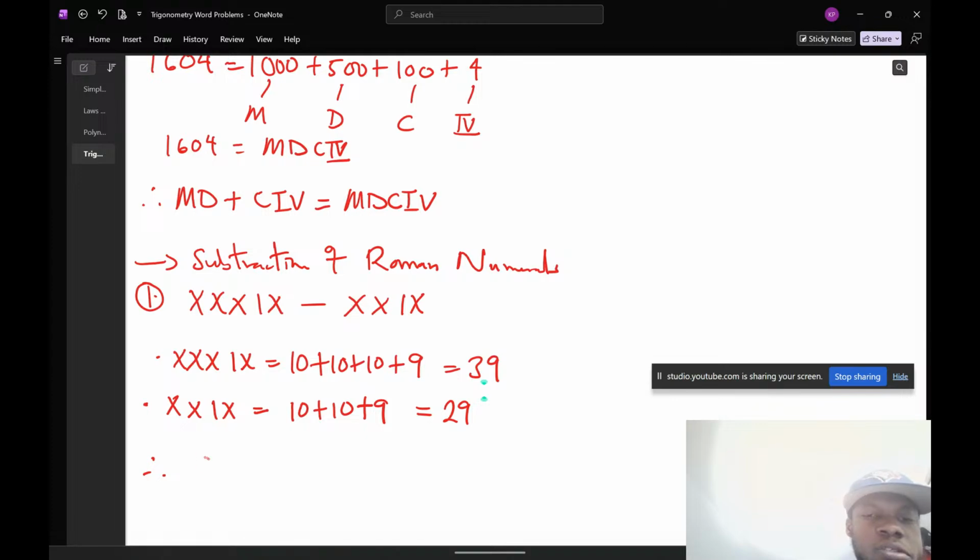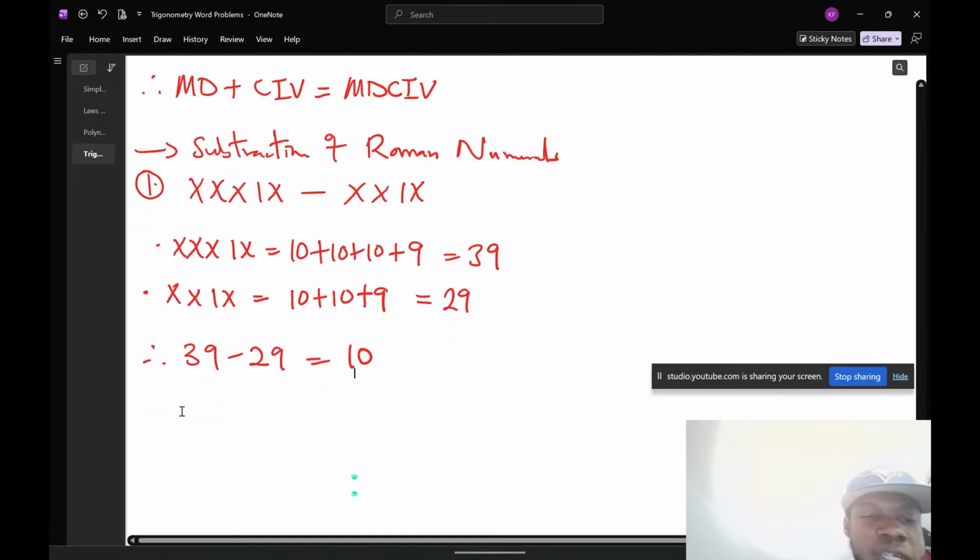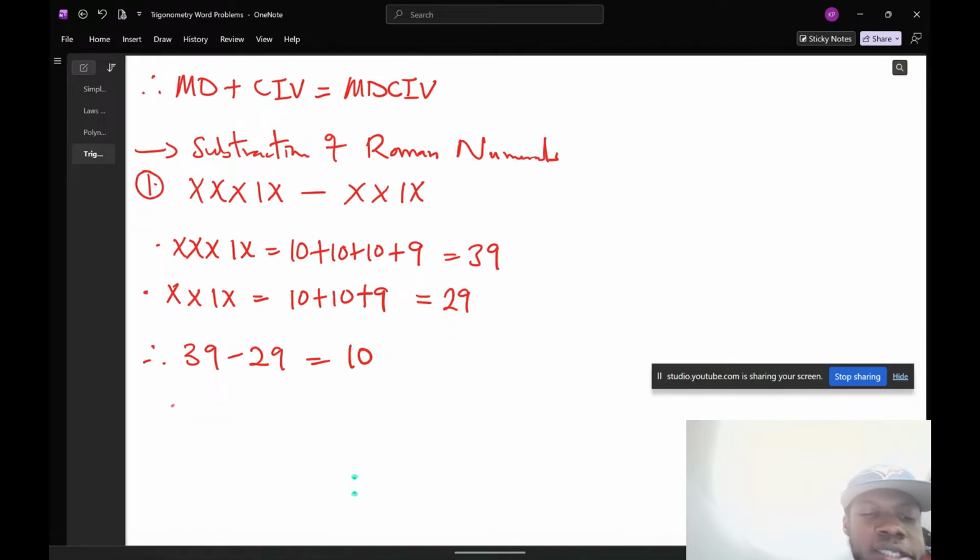So therefore, we will say that 39 minus 29 will give us 10, right? And therefore, 10 is X. So XXXIX minus XXIX is equal to X. Okay?